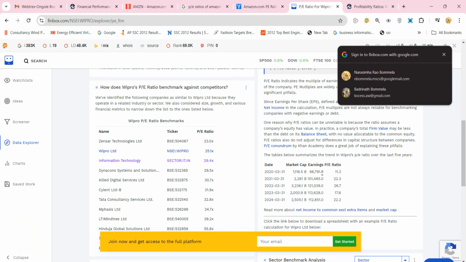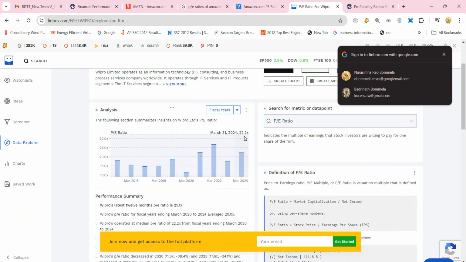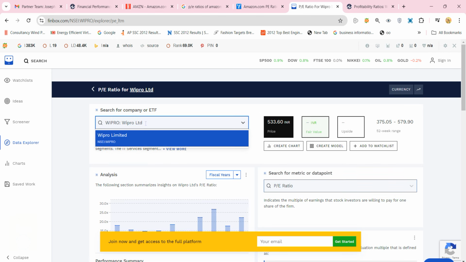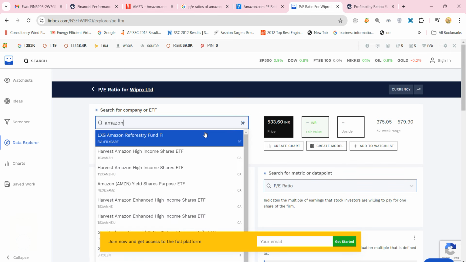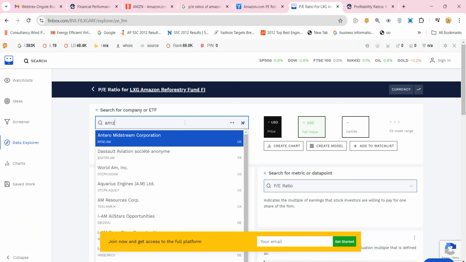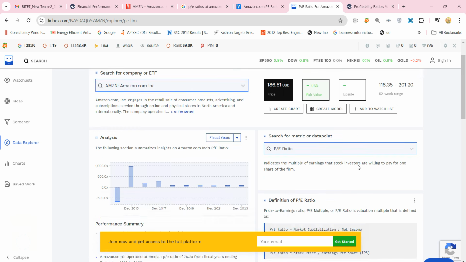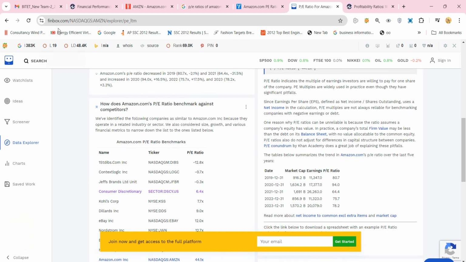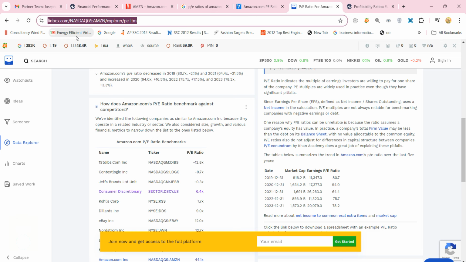For any company that is trading on US securities, you will get the value. Just mention the name here, Amazon, AMZN. For Amazon, we are getting P by E ratio like this. I will be sharing this link just to mention the values.